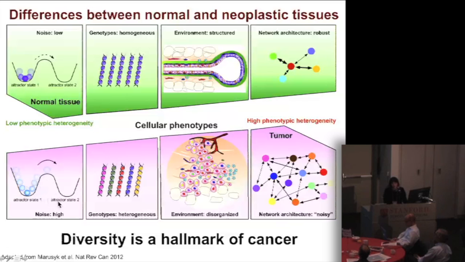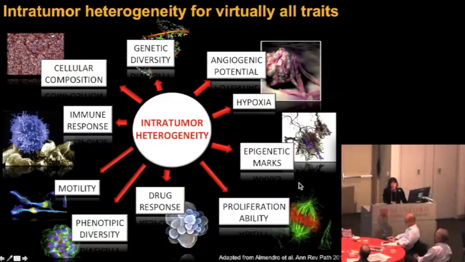In contrast, in cancer these barriers are much lower. As a consequence, in normal cells there's a very robust architecture and a very defined network of signaling pathways and expression patterns, whereas in cancer it is very messy and very noisy. Basically, anything we can measure in cancer is likely to be heterogeneous.